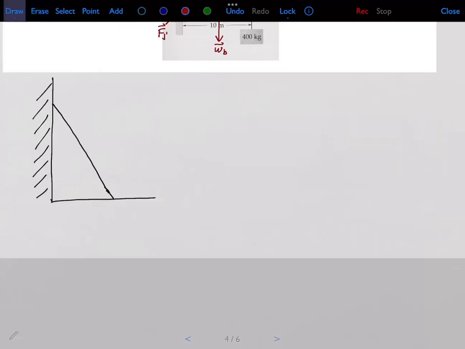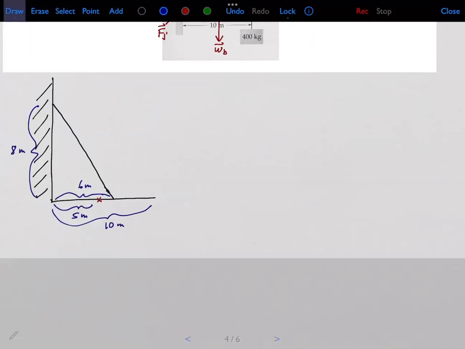So the center of mass of the beam is right here. We know this distance is 5 meters. We know the total distance from here to here is 10 meters. And I know the beam attaches at 6, so this is 6 meters away. And I know this length here is 8 meters.